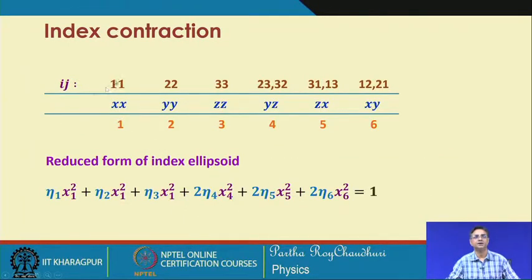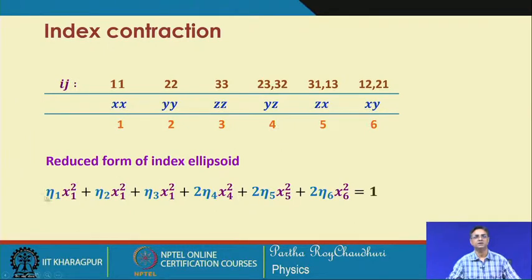So, the index contraction rule is xx is 1, yy is 2, these are the diagonal elements; yz, zx and xy are the off-diagonal elements. So, x_2 x_3, x_3 x_2 will be represented by this 4.